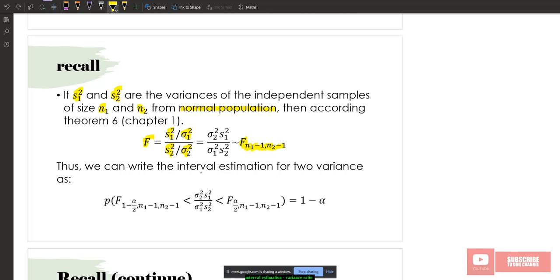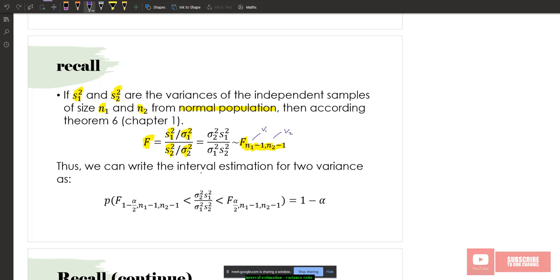So this is the F distribution with 2 degrees of freedom, n1 minus 1 and n2 minus 1. We can also call these v1 and v2.